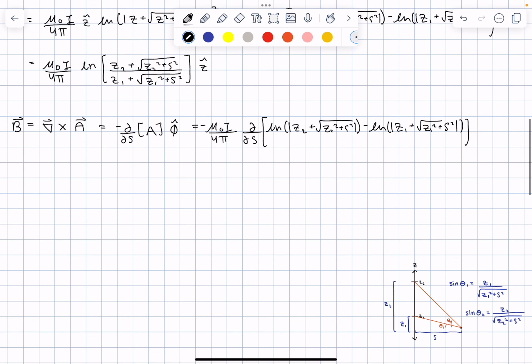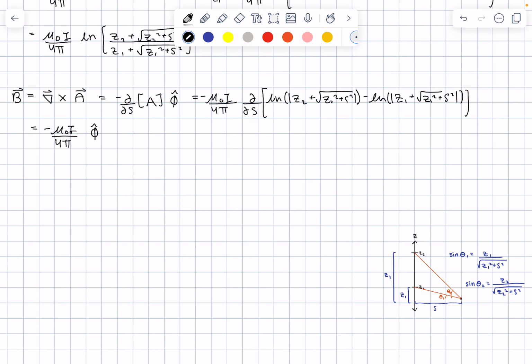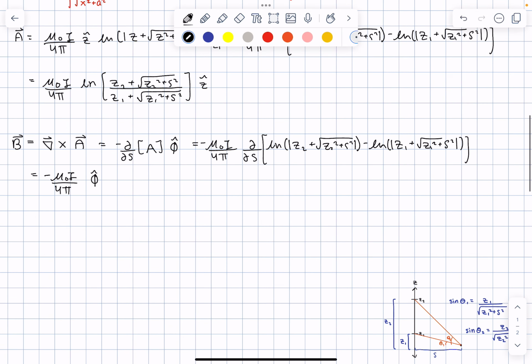All right. So now to solve that, we can use the chain rule, and we'll get negative mu naught I over 4 pi, again in the phi-hat direction, and then using the chain rule, we'll have 1 over z2 plus the square root of z2 squared plus s squared, because the derivative of ln of x, for example, would be 1 over x.